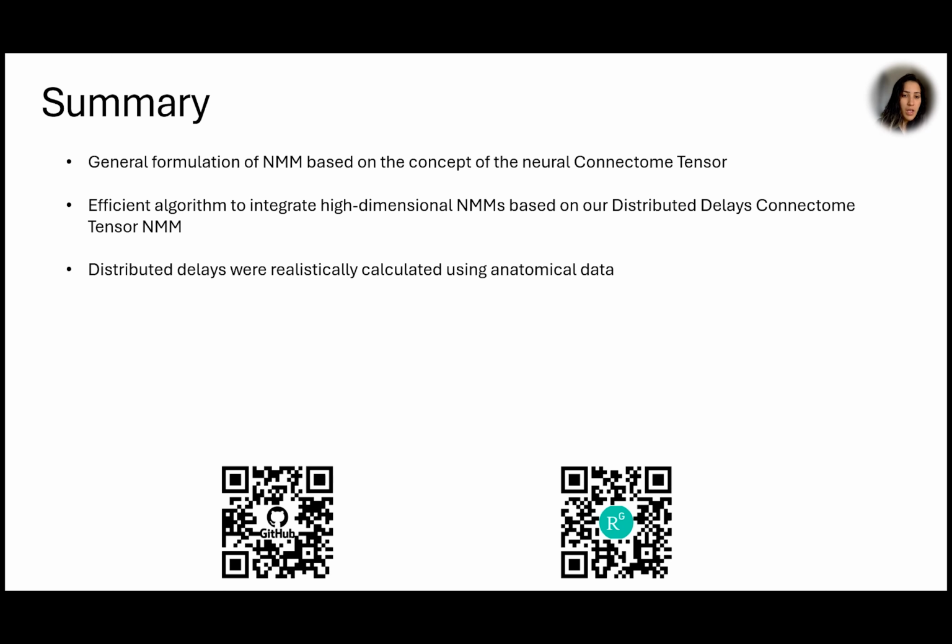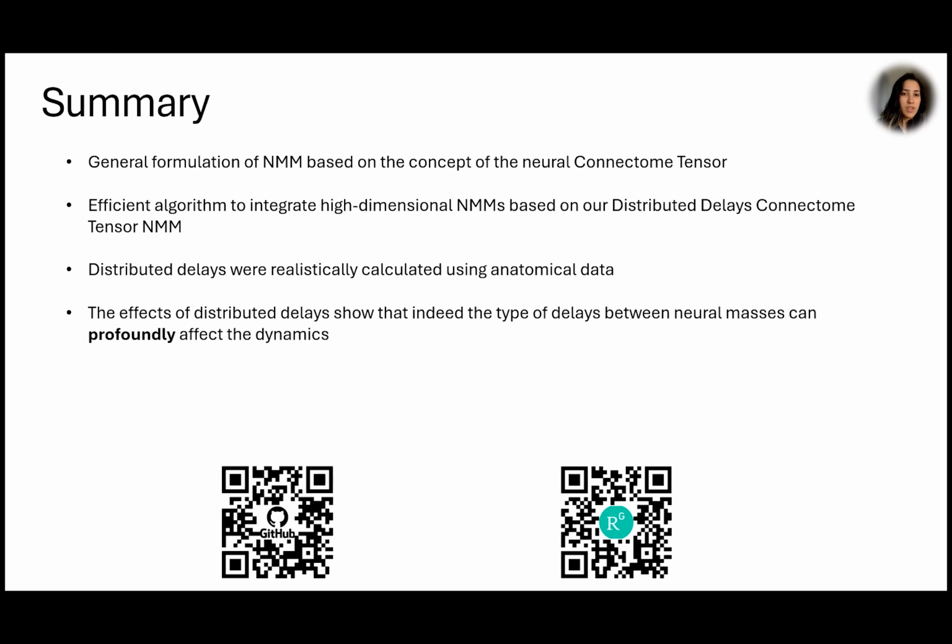Distributed delays were realistically calculated using anatomical data, for example, axonal properties like the length, the diameter, the myelination, the g-ratio. Emphasis was placed on the significant impact that distributed delays between neural masses can have on dynamics.